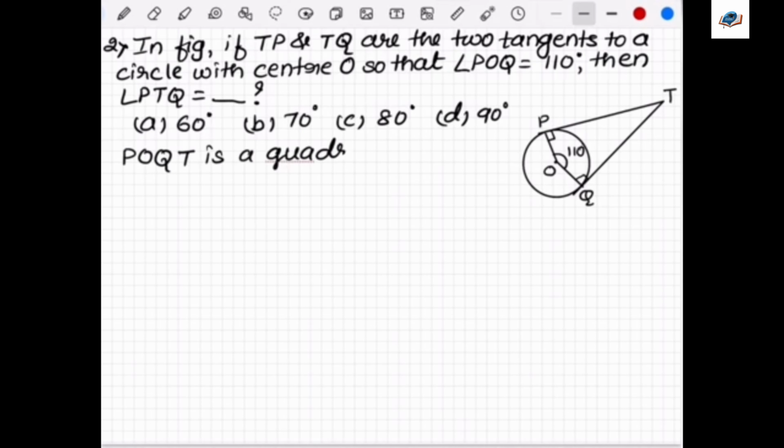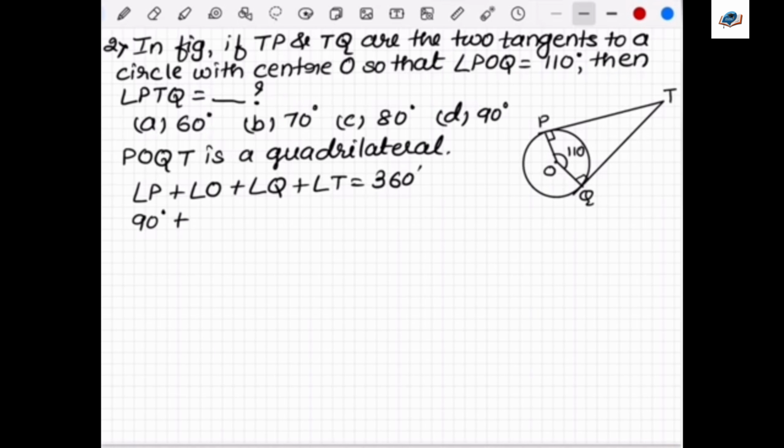So I can say angle P plus angle O plus angle Q plus angle T will be equal to 360 degree. So angle P is 90 degree, angle O is 110 degree, angle Q is 90 degree, and angle T I want to find. So angle T will be equal to 360 minus 290. So angle T equal to 70 degree. Therefore, option B is correct.